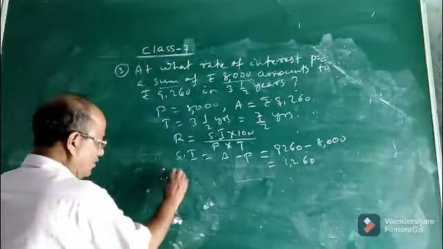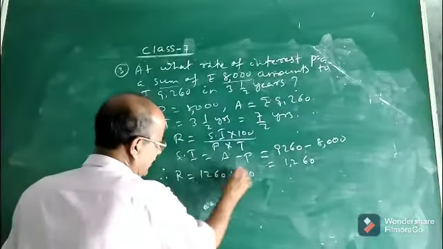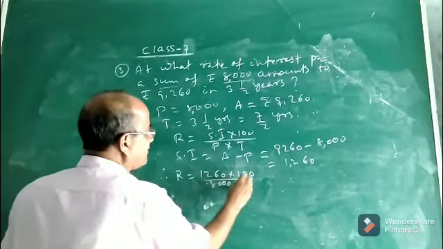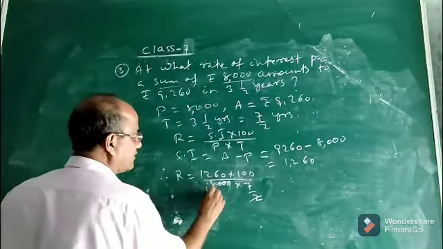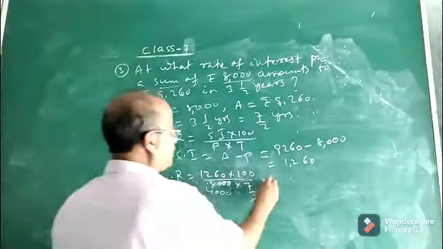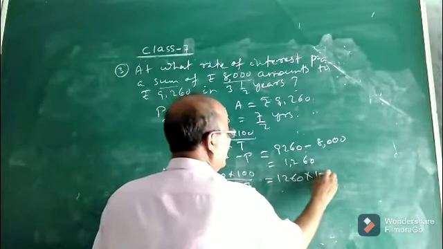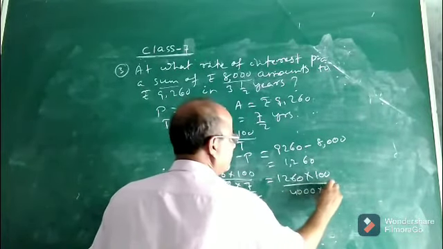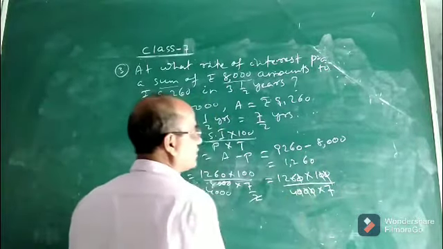Okay. Therefore, R will be 1260 into 100 by principal, which is 8,000, and time is 7 by 2 years. So 2 and 8,000 cancel. It will be 4,000. You do the calculation. Now 1260 into 100 divided by 4,000 into 7. Cancel the zeros.